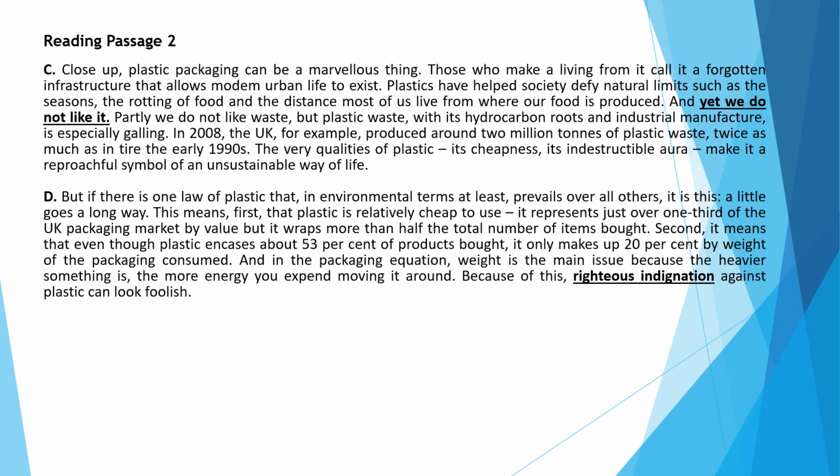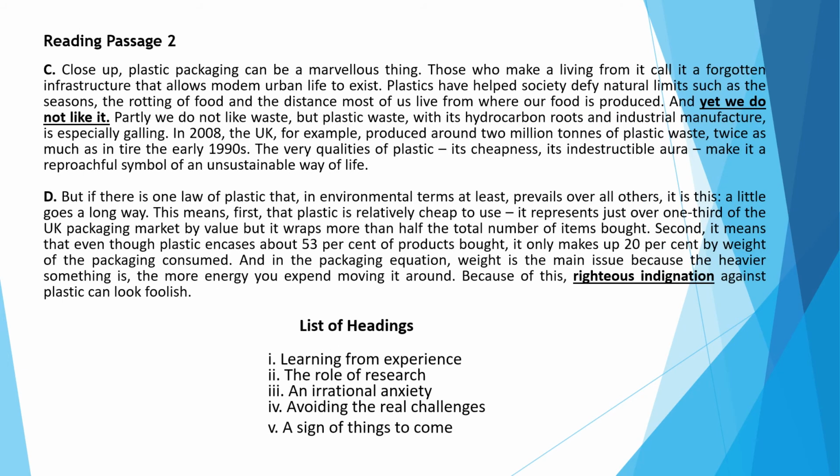Let's take a look at the next passage. Again, we have a little list of headings here. Now, here, the answer for this one is hidden in the third line where it says, and yet we do not like it.